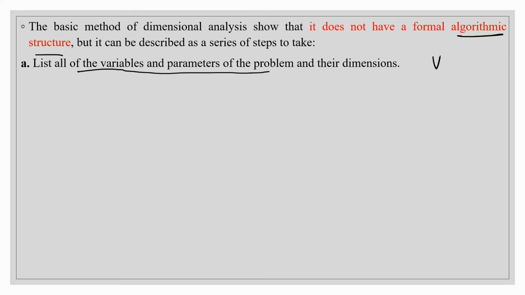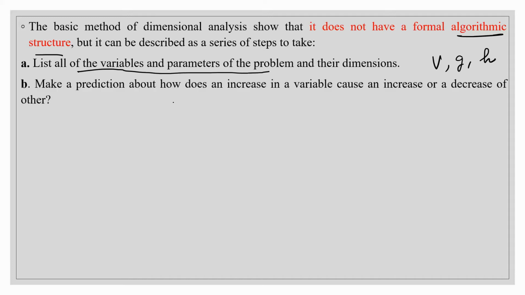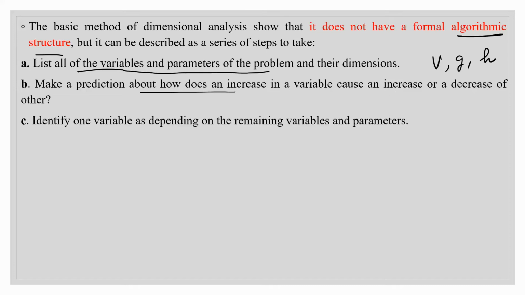Then we make a prediction about how an increase or decrease in one parameter or variable increases or decreases the other. Then we identify one variable as depending on the remaining variables, like the speed depending on g and h.